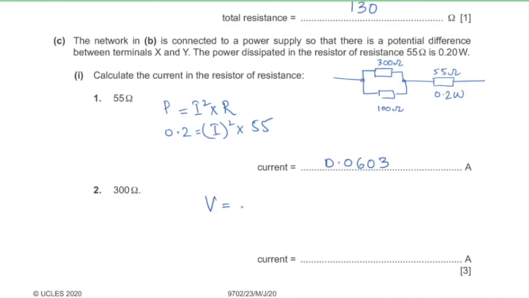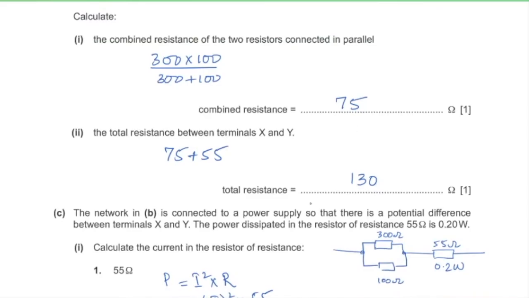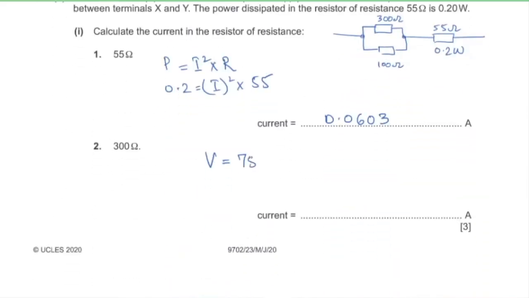The combined resistance is what we calculated in the previous part, and that is 75. Multiplying by the current, you get a combined voltage across the parallel connection of 4.523 volts.